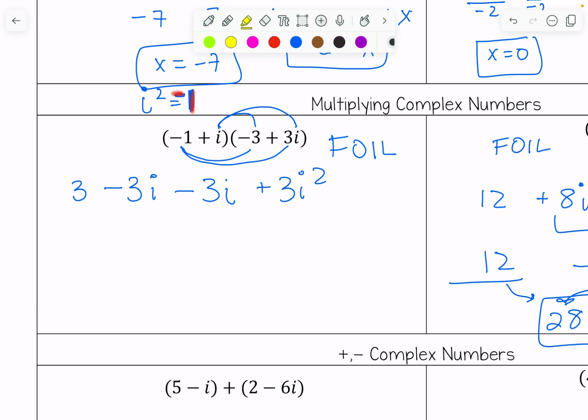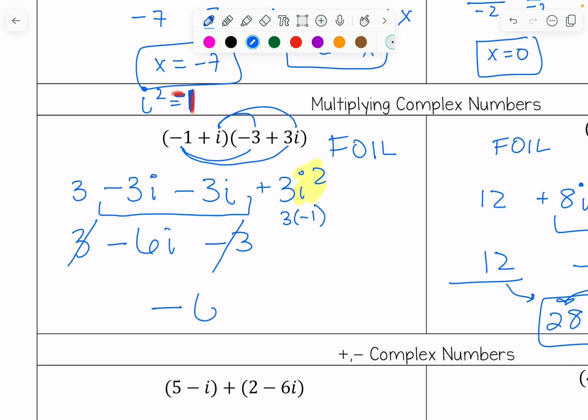And this is where you'll be able to see that we have that negative 1. So it's 3 minus, and we can actually merge these together to be negative 6i. And then minus 3, because I'm going to take that 3 and multiply it by a negative 1. These 3's will cancel out, and I'm left with this negative 6i.